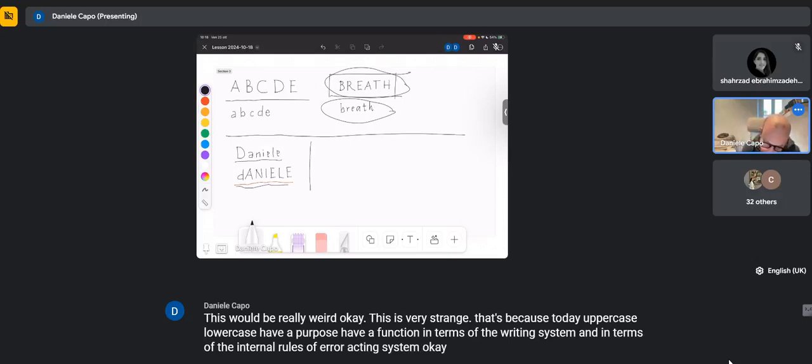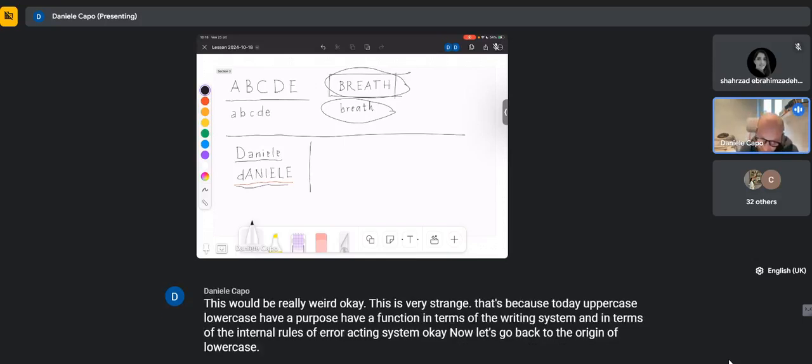Okay, now let's go back to the origin of lowercase.